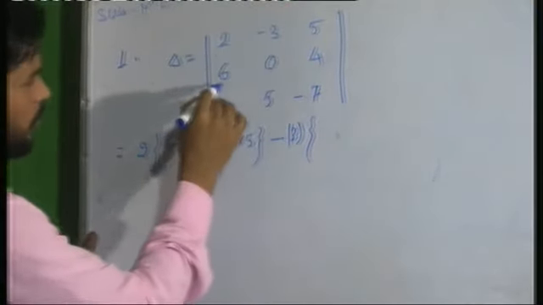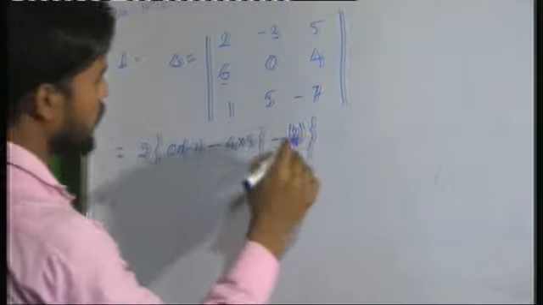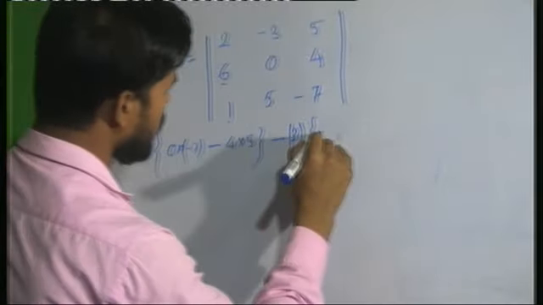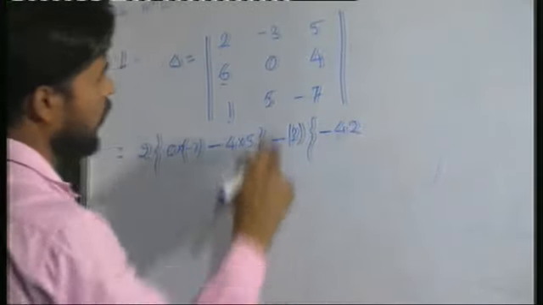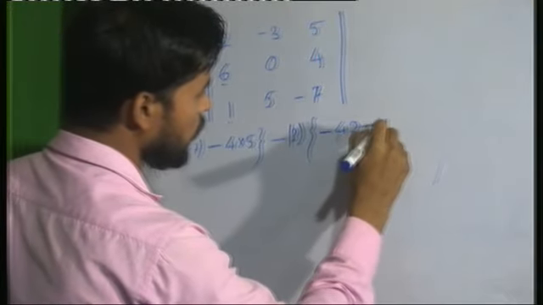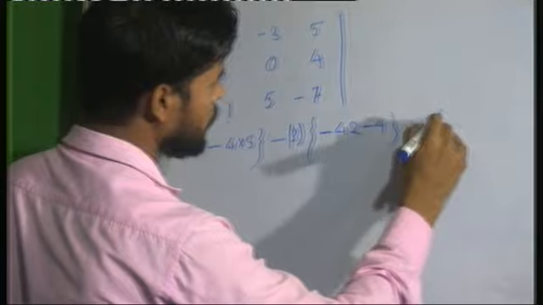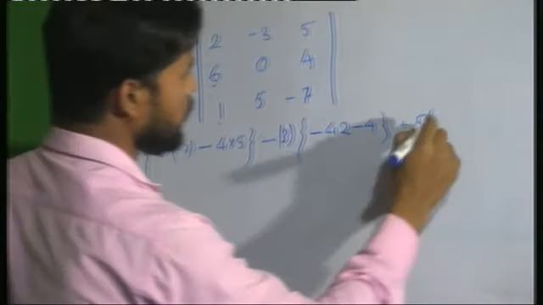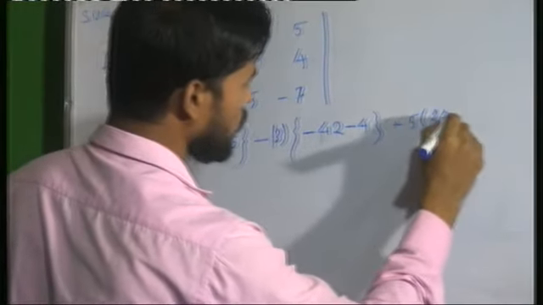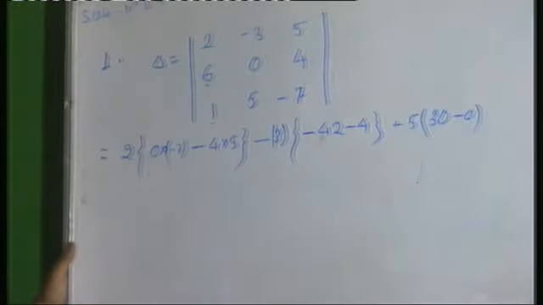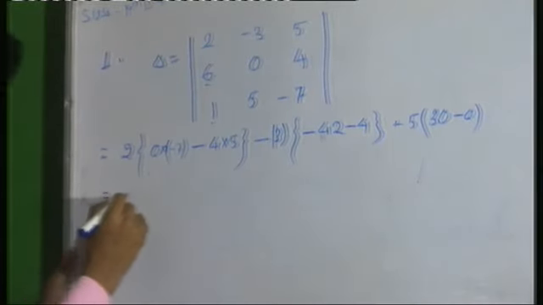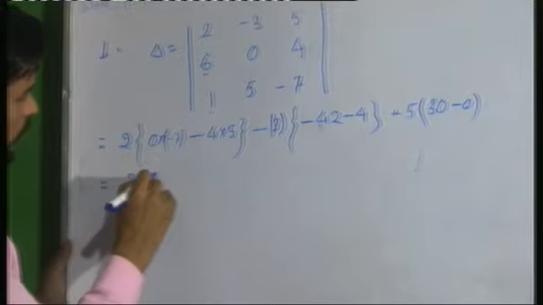So we have 4 elements, 6, 4, 1 and 7. So 7 into 6 is equal to 42 minus 4 into 1 is equal to 4, and then plus 5 into 5 is 30 and 1 into 0 is 0. Now it is 2 into 0 minus 20.